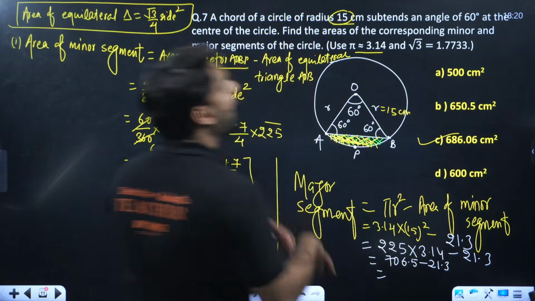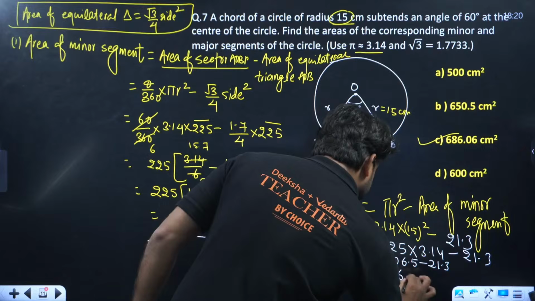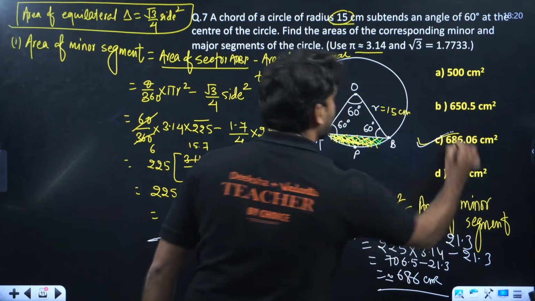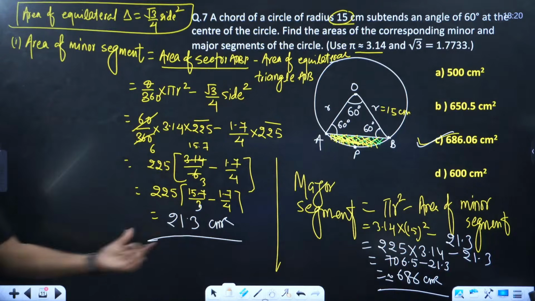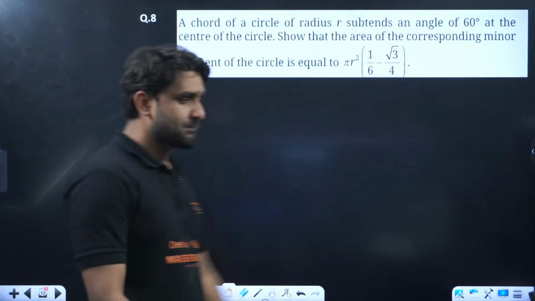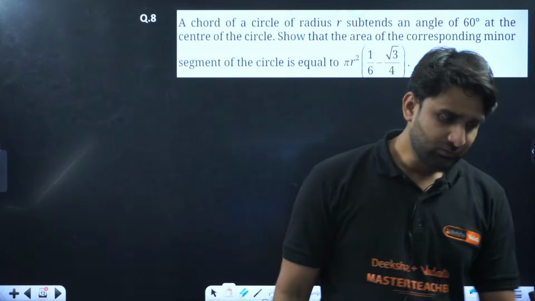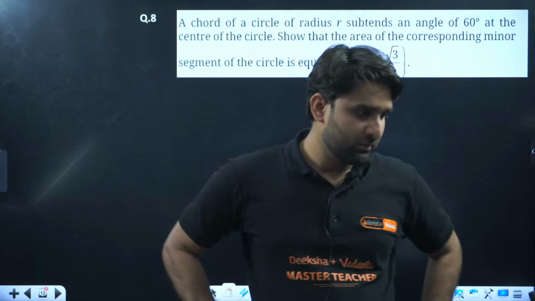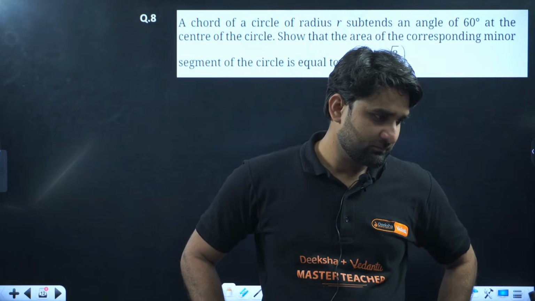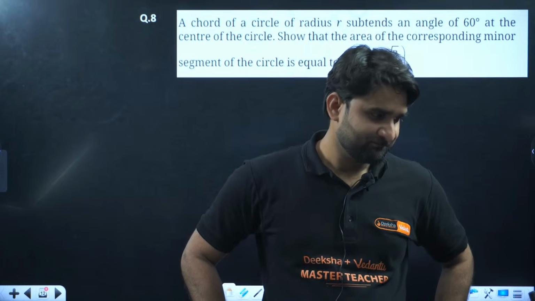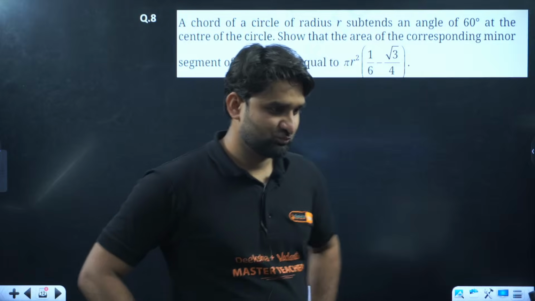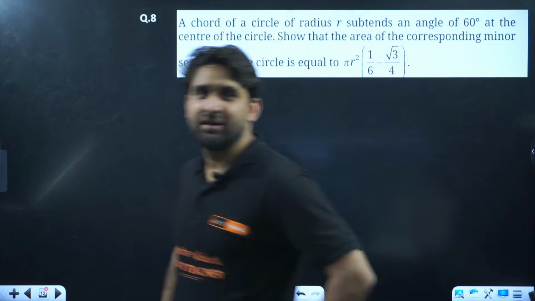So it will be approximately, guys, 686, which is option number C. So minor segment is equal to 21.3. Moving ahead. Next question.